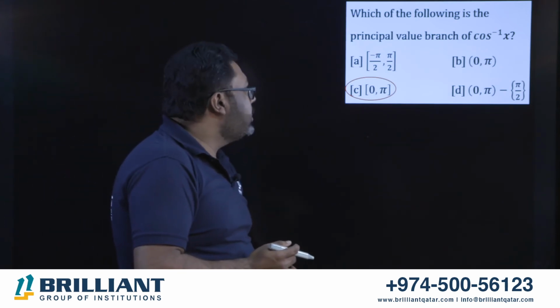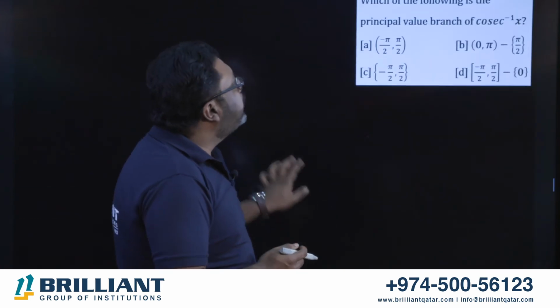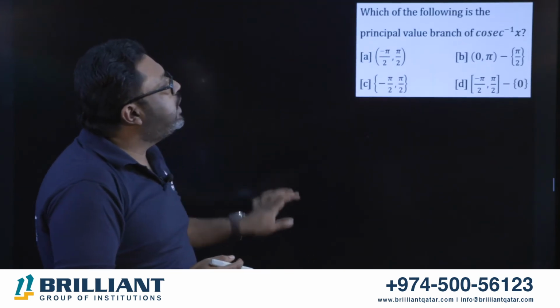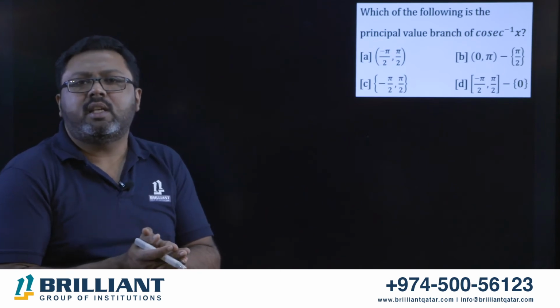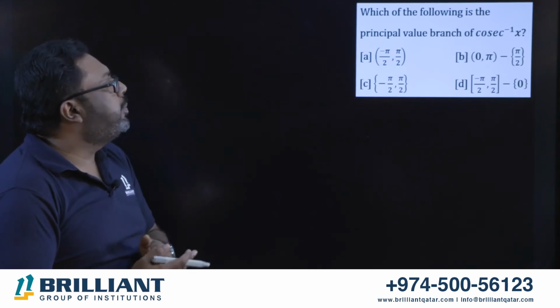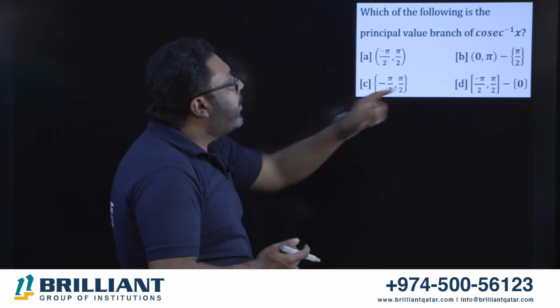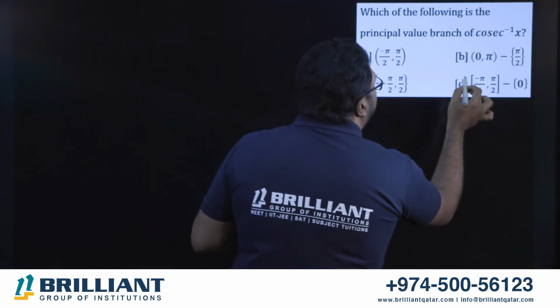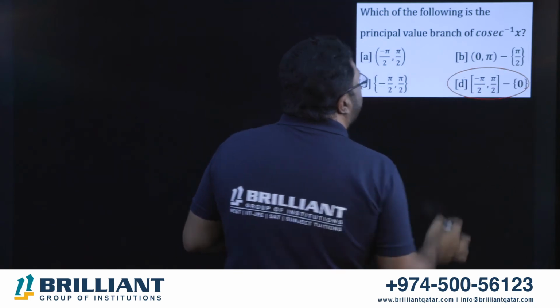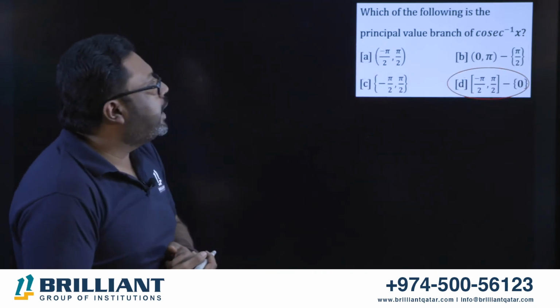Okay. Next question. Which of the following is the principal value branch of cosec inverse x? They could directly ask this question in the exam. Cosec inverse x is going to become minus pi by 2 to pi by 2 minus 0.